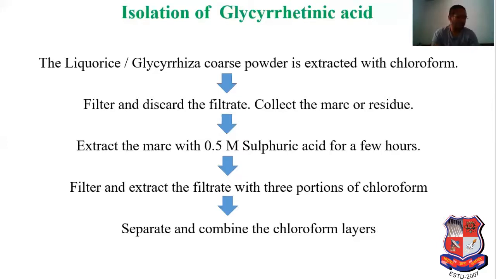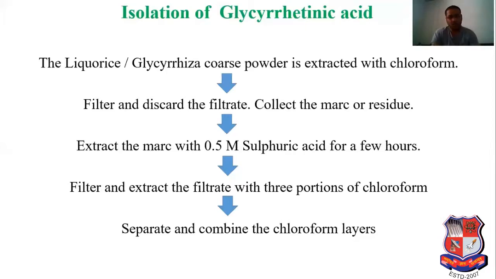But here we have to collect the marc or residue and extract the marc with 0.5 molar sulfuric acid for a few hours. After treating with the sulfuric acid, filter the acidic layer and extract the filtrate with 3 portions of chloroform.